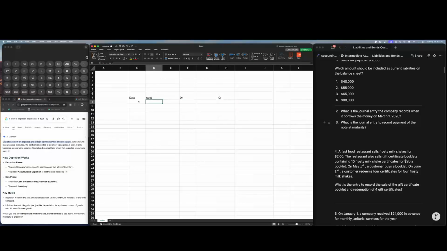So let's say that it's a notes payable, right? NP. So if a company borrows money, they'll receive cash first. This is very simple. Let's say we receive $1,000 in cash. Notes payable, and it really depends. For notes payable, there might not really be one.